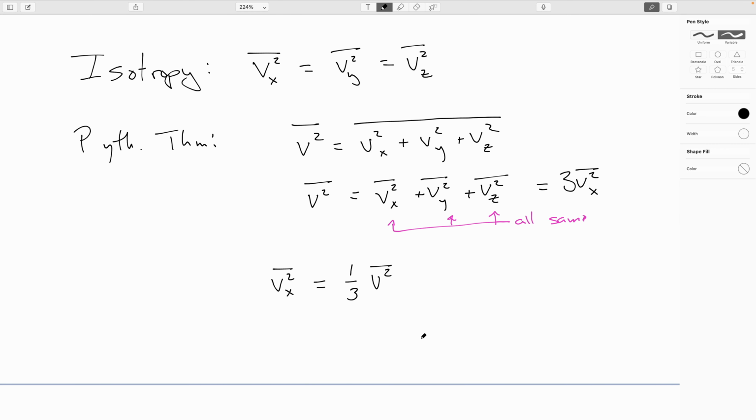So now I can write that P equals N m over 3V, capital V here, v squared bar.